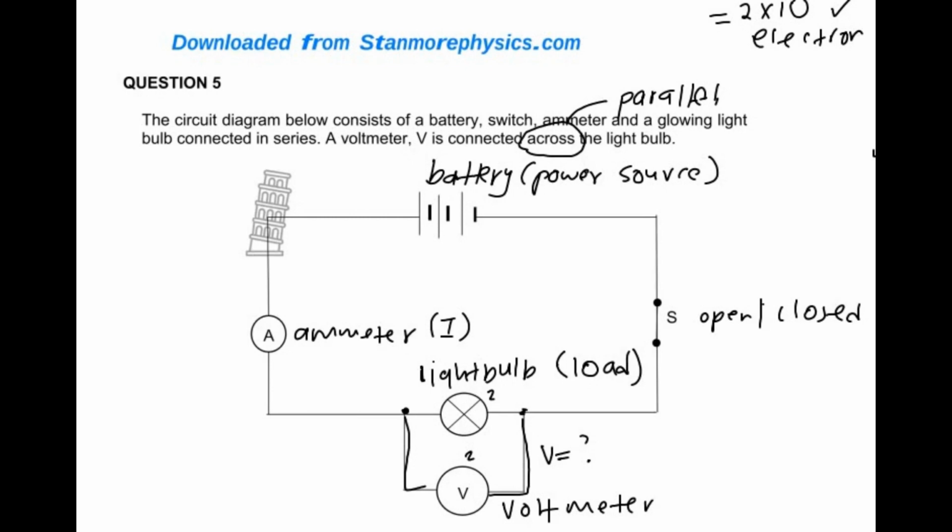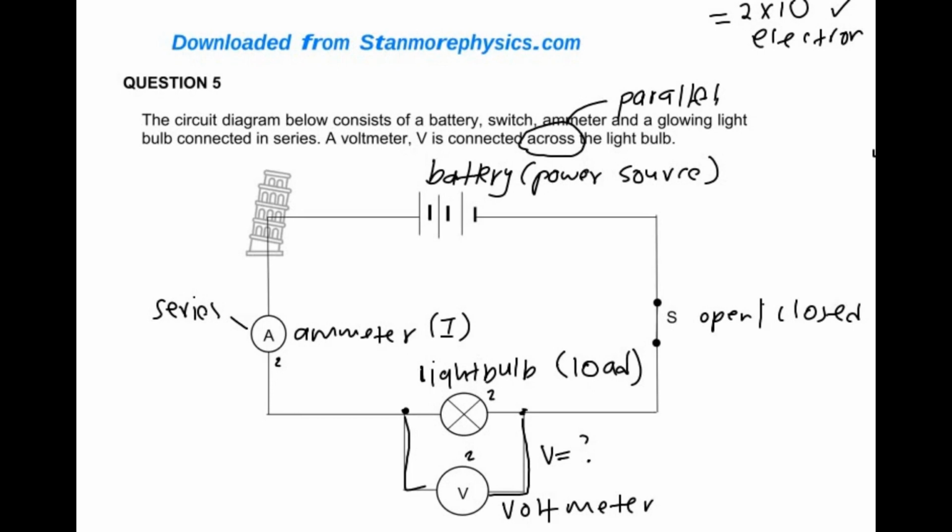So the ammeter is always connected in series because we want to know the current. So it means this ammeter will tell me the current. If the current there at the light bulb is 2, the current here will also be 2 amperes. If the current that is going through a switch is 2, the ammeter will also have a current of 2.